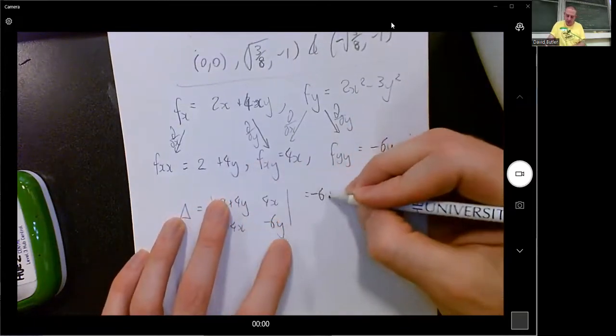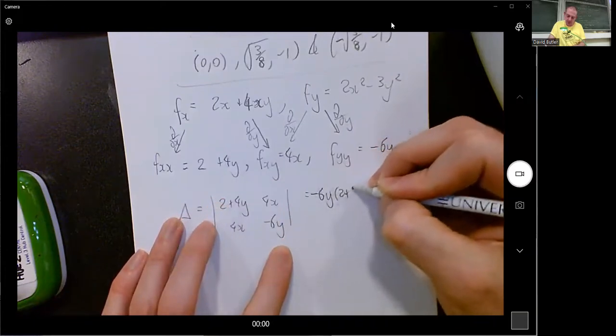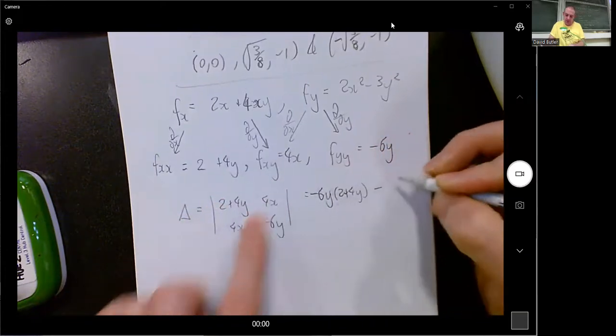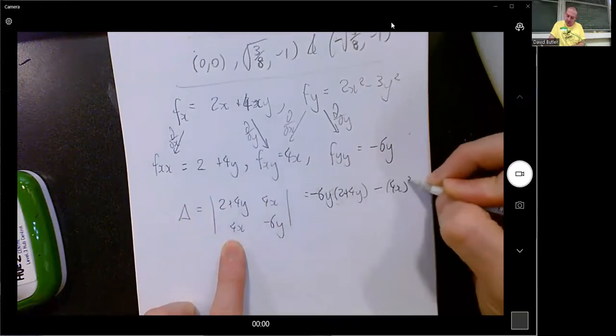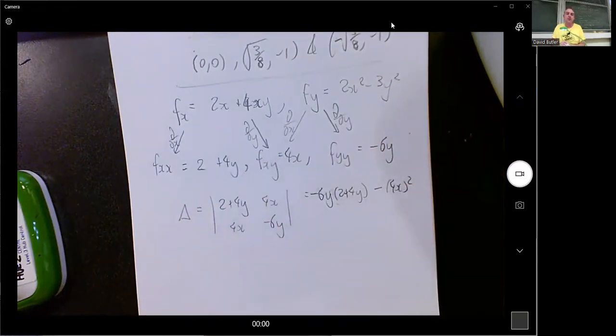So minus 6y times 2 plus 4y, and I'll minus this squared. So that's what the discriminant works out to be. Looks very much like it's mostly going to be negative, but we'll see how we go.